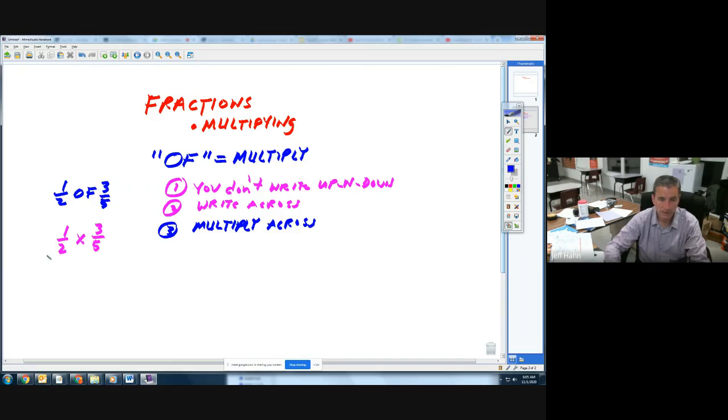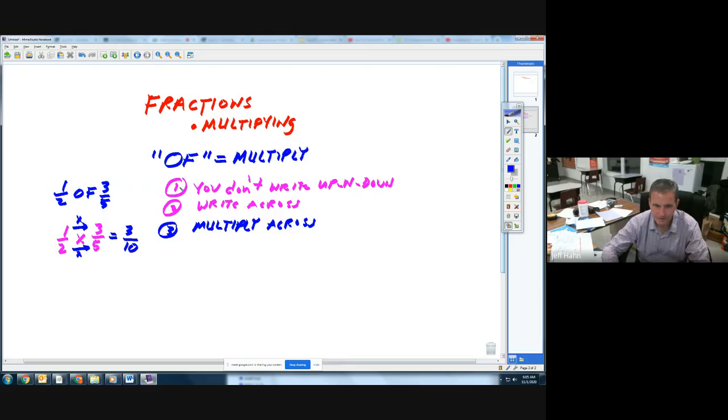That means for my 1/2 times 3/5, I'm just going to multiply across. The two numerators times themselves give me my new numerator, and the two denominators times themselves give me my new denominator. So 1/2 times 3/5 is 3/10.